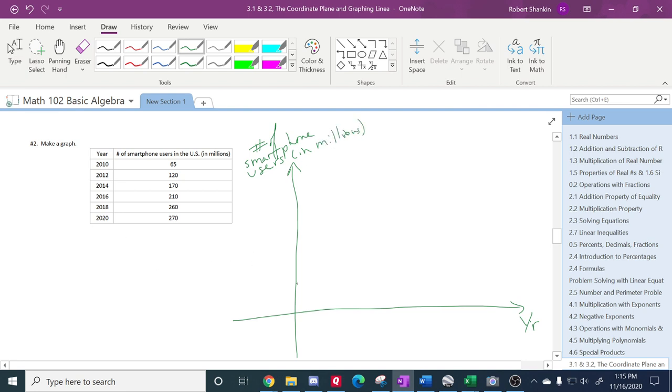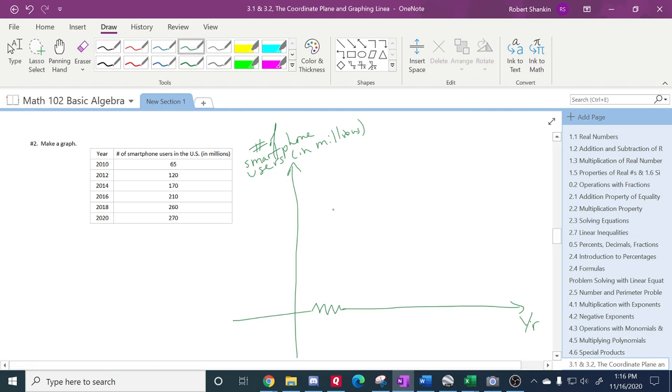Now what we can also do is, we don't have to start at 0. This kind of will show that we're skipping a whole bunch of numbers. And we're going to go from 2010 to 2020.